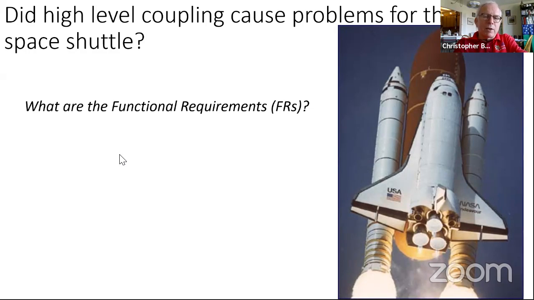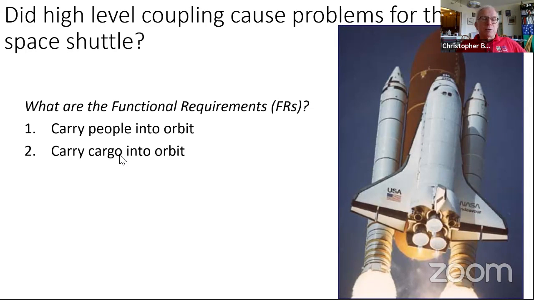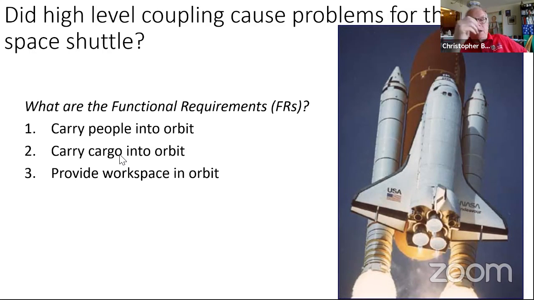So what are the functional requirements for our space shuttle, erstwhile space shuttle? Well, 1 was carry people into orbit, and 2, carry cargo into orbit, because if all you do is put people up there, it's not going to work very well. So you needed people and stuff to go with them. Of course, get them back too. I guess I should have put that on. So we also need some workspace in orbit.